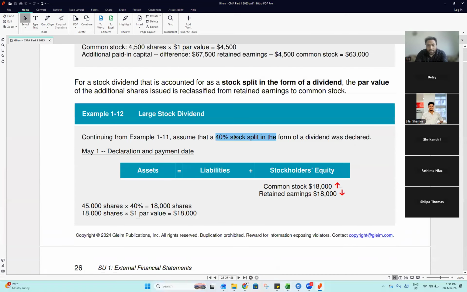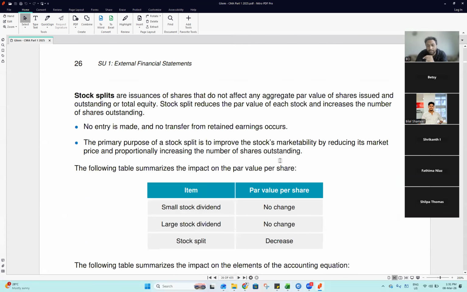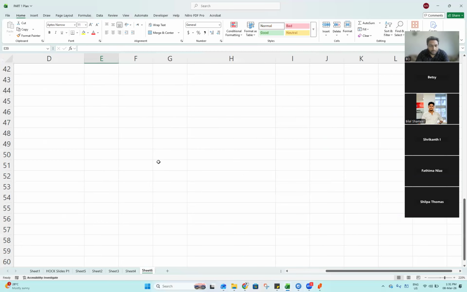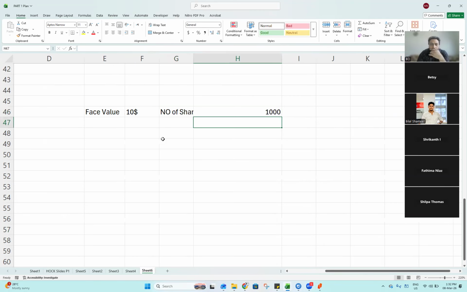Okay, till now you're clear, right? Stock split accounting. Stock split in the form of dividend. Clear? Okay. Now coming to the stock split. So what is stock split? For example, my face value of the share is $10, and I am having the number of shares as 1,000.